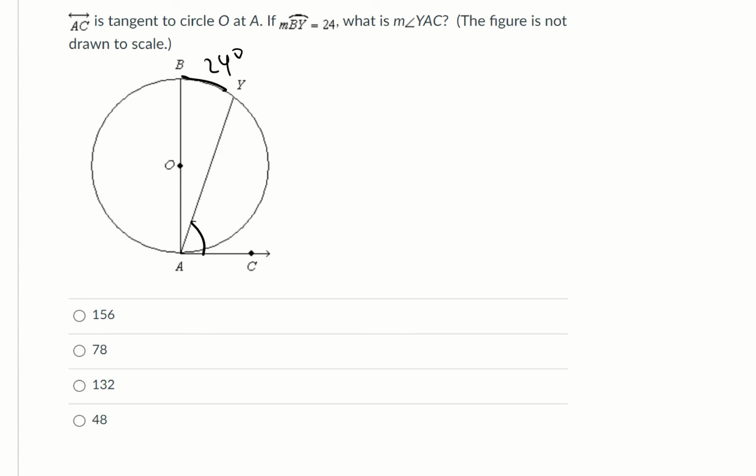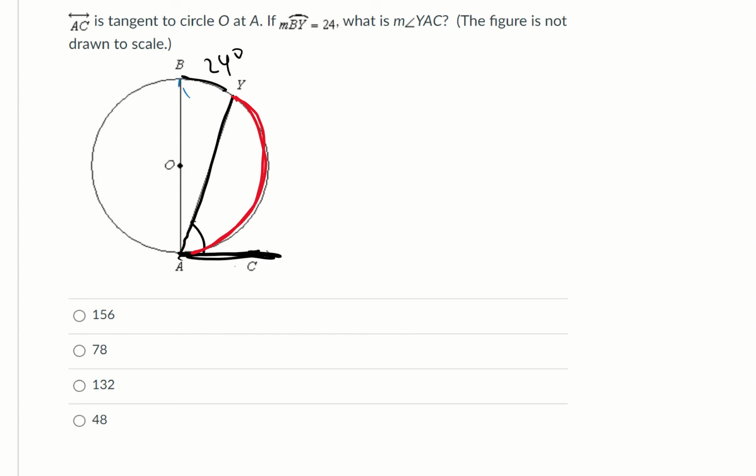We know a theorem that states that if you have a chord and a tangent, the angle between the chord and the tangent behaves like an inscribed angle. Even though this is not an inscribed angle, the angle is always going to be half of the intercepted arc. So we need to find this intercepted arc first.